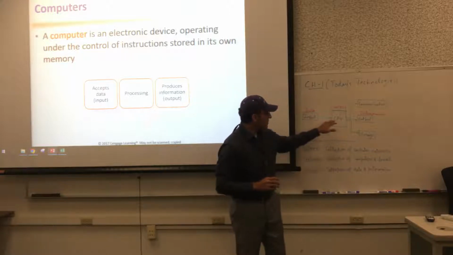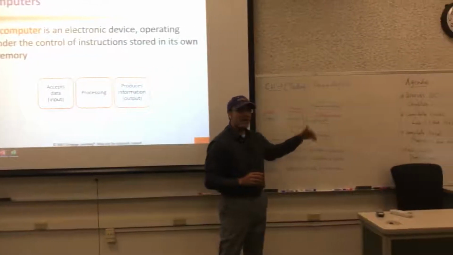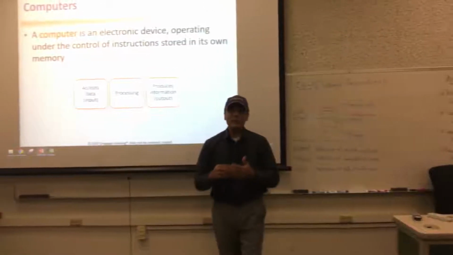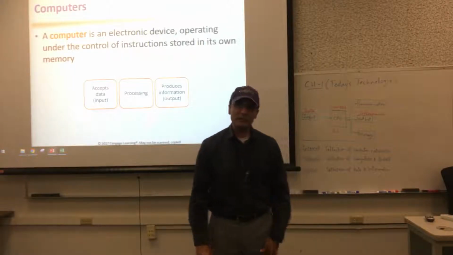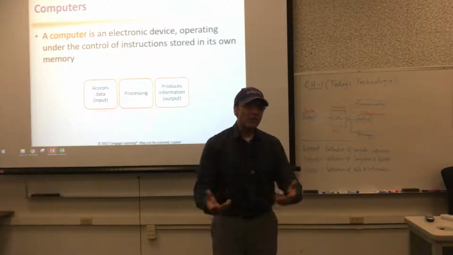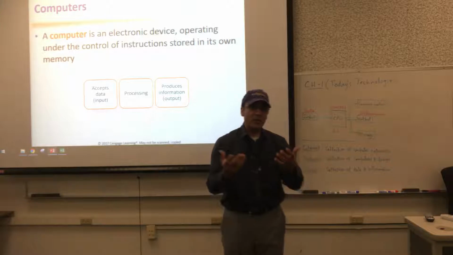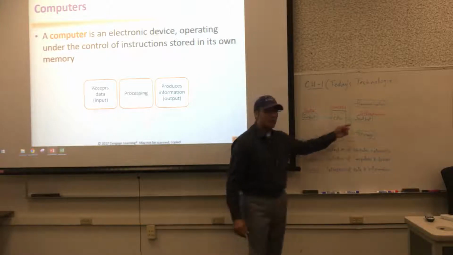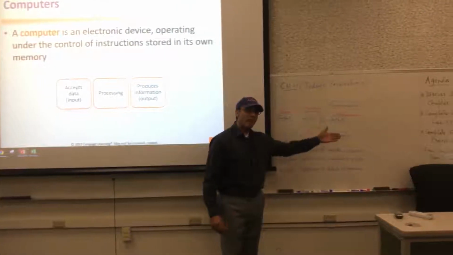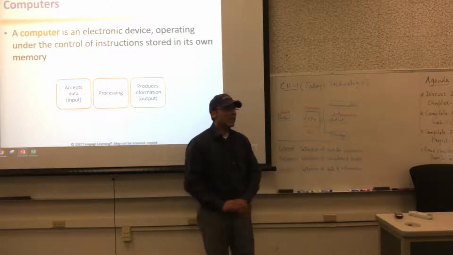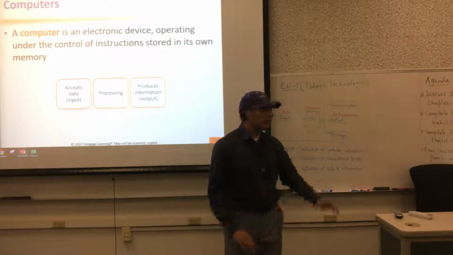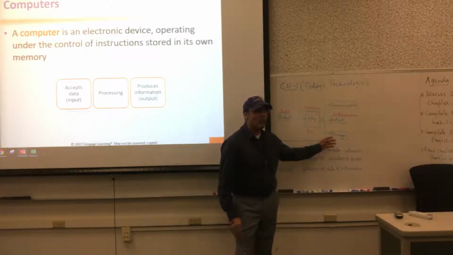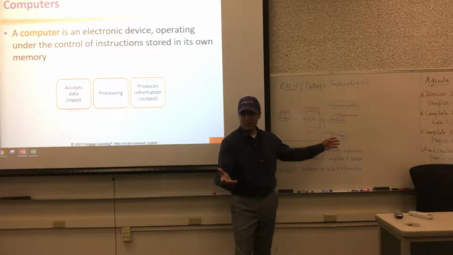So that's where your processing happens, and once the data has been processed, then we would like to see the results. We would like to see that information. So where do you see the information? Maybe on a screen, maybe on a console, maybe on a printer, maybe on a different format. Sometimes you want that information or data to be stored. So you need some kind of storage mechanism. Where do you store the data typically in a computer?